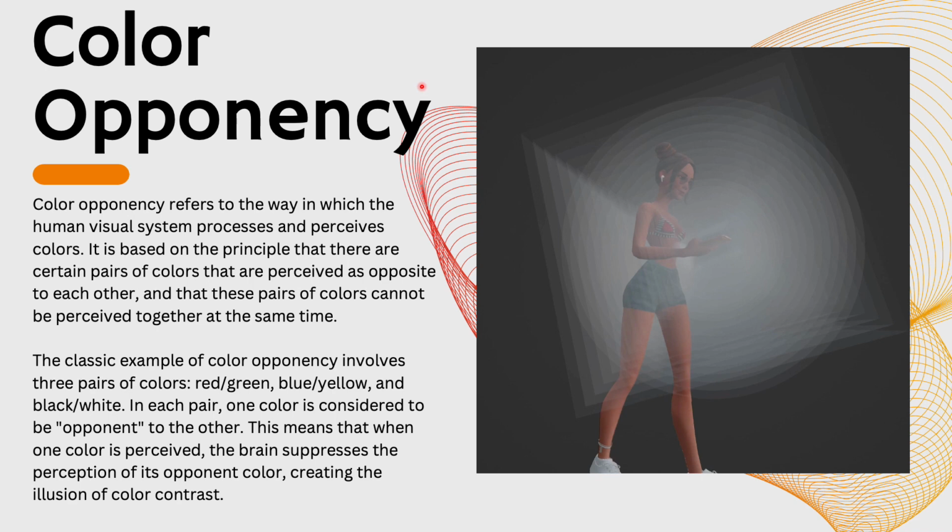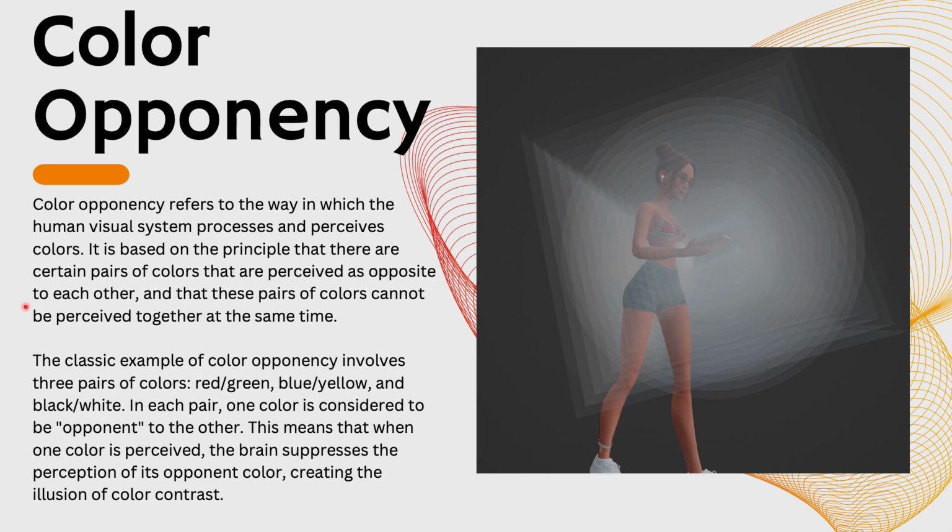But if we consider color opponency, which is another topic I know, but one leading idea of how the brain processes color is called color opponency. Color opponency refers to the way in which the human visual system processes and perceives colors. It's based on the principle that there are certain pairs of colors that are perceived as opposite to each other, that these pairs of colors cannot be perceived together at the same time.